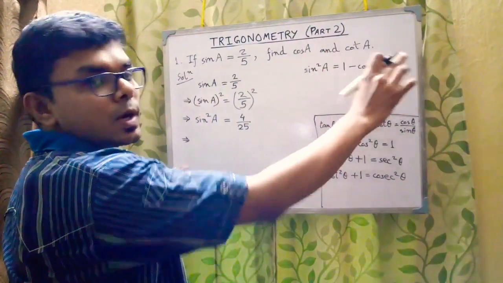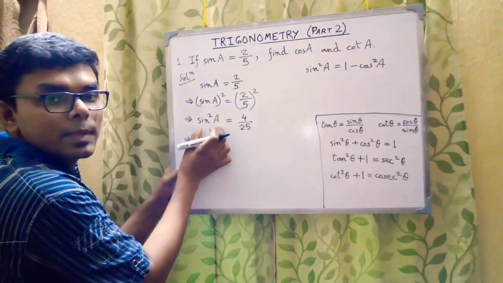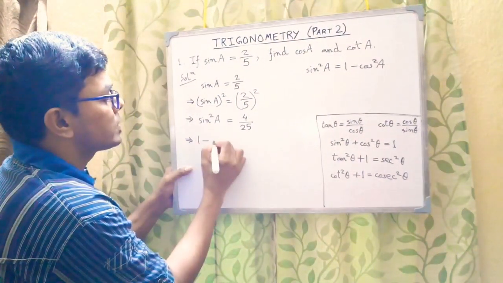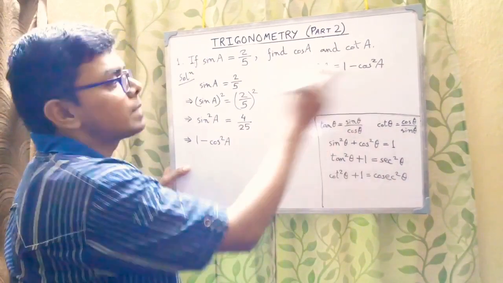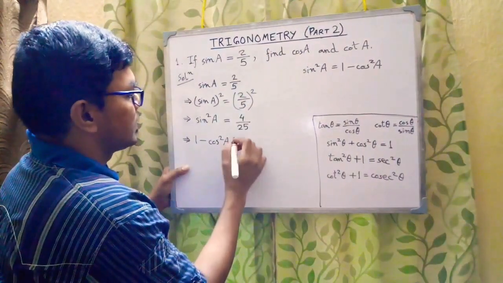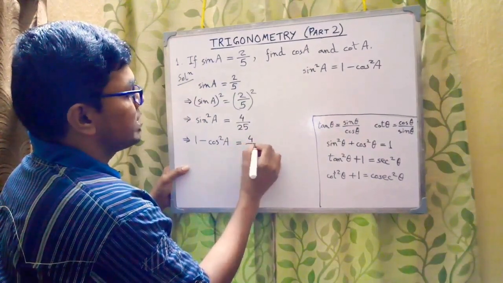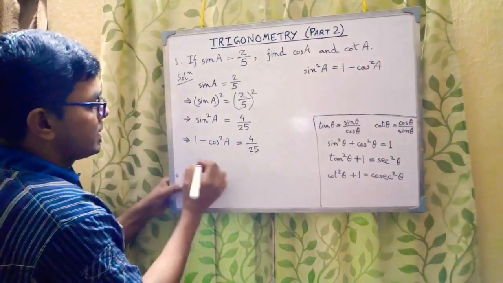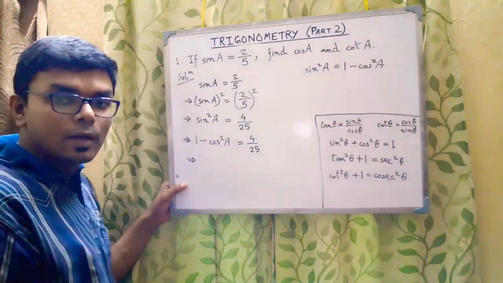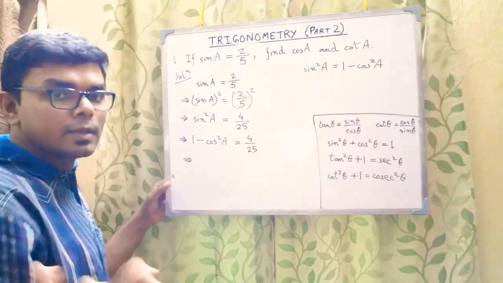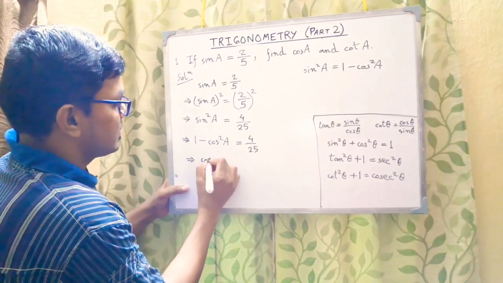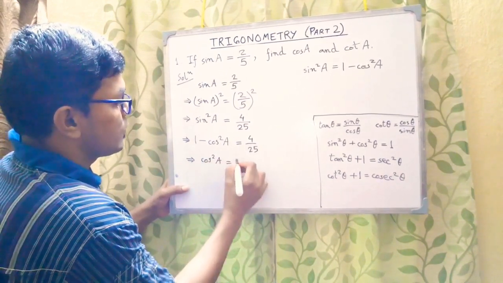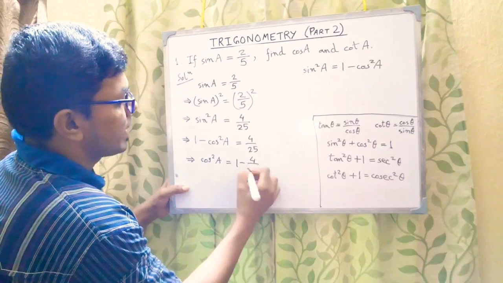So here in place of sin square A, I can write 1 minus cos square A. Why did I do this? To bring the cos, because I am trying to find the value of cos A. So that is 4 by 25. Now this is like the equation sums which you have done in lower classes. Okay. So cos square A equals 1 minus 4 by 25.